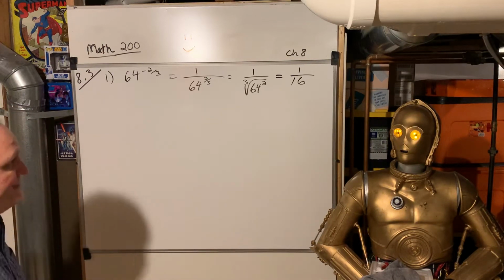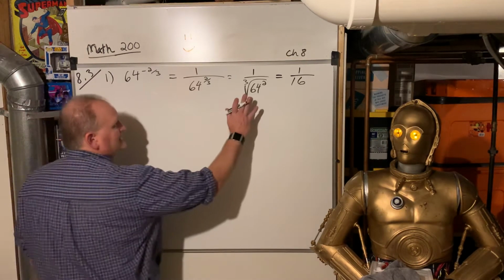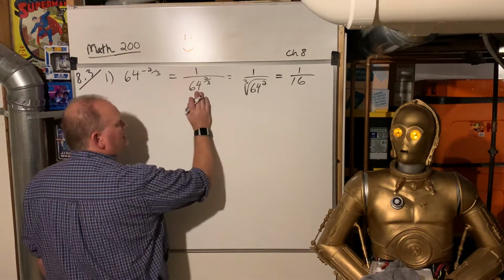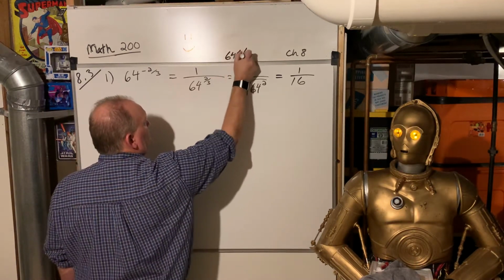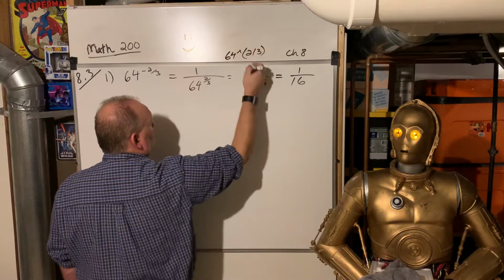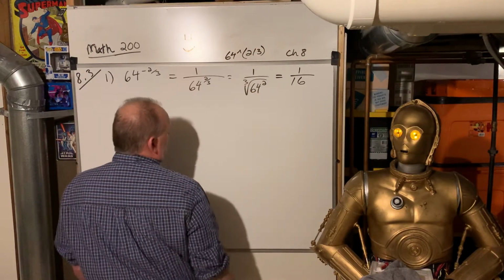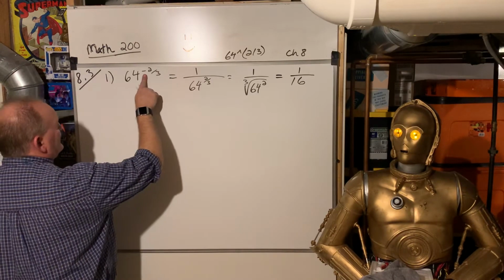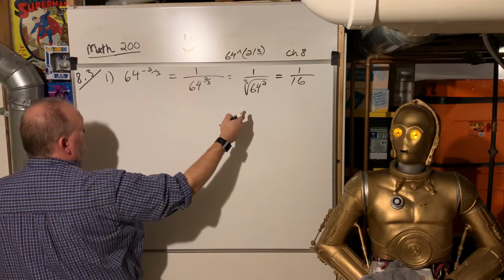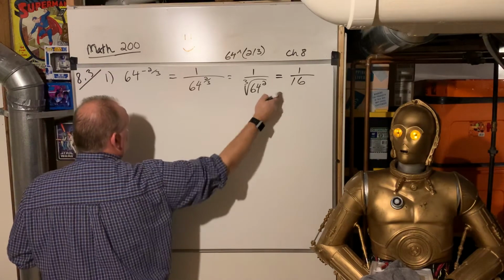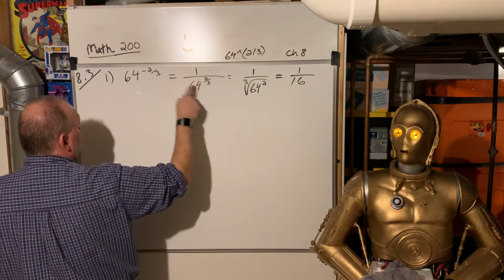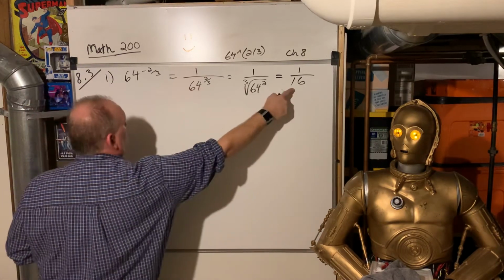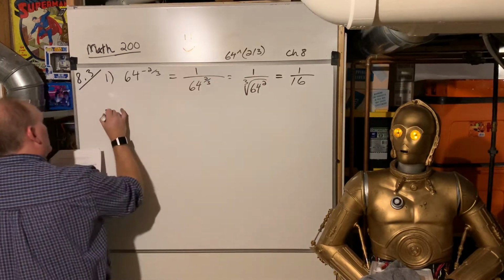That would be fine. Or you can literally skip all of this root stuff and just do 64 to the 2 divided by 3 power. Make sure that's in parentheses. And hit enter, and it'll kick out the 16 for you. If you put in negative, it'll give you a decimal, and it'll be harder to figure out what it is, like 1/16. So you're better off moving it down and then doing that, and then putting the 16 there and the 1 there.